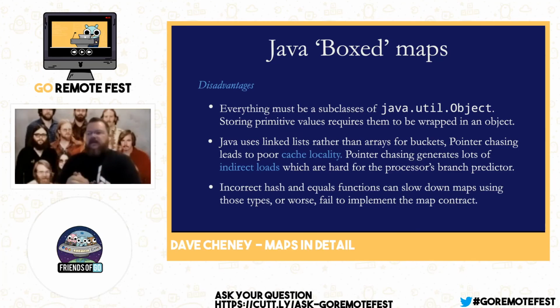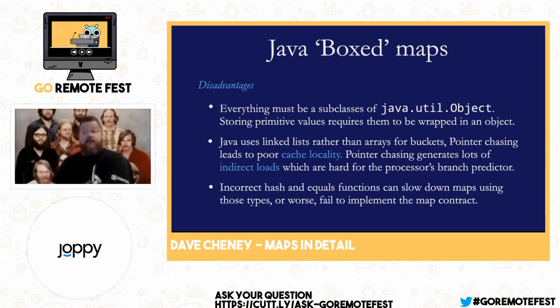But the key one is that each object you put inside the map implements its own hash and equality function, and those have to be supplied by the author of the class. If you get them wrong, bad things happen. If you have a hash function which is not stable, or a hash function that has poor distribution, so that values all hash to the same thing, then you're going to get really, really poor map performance.